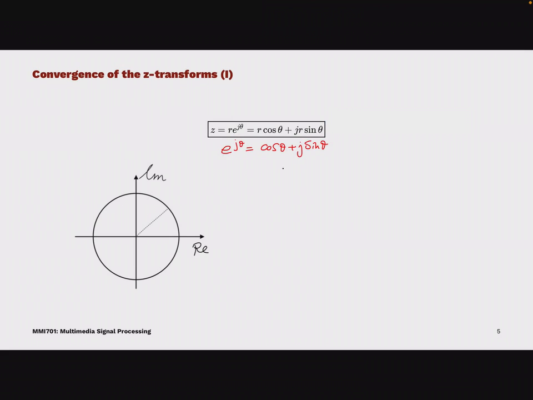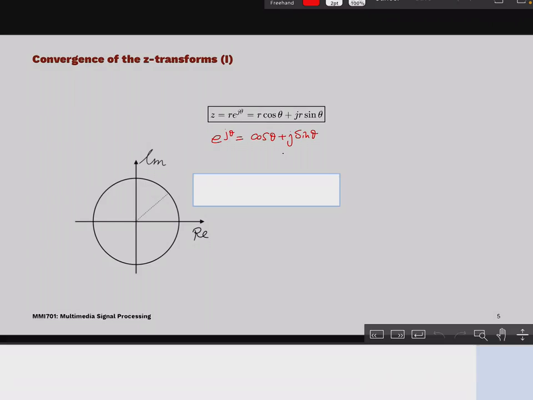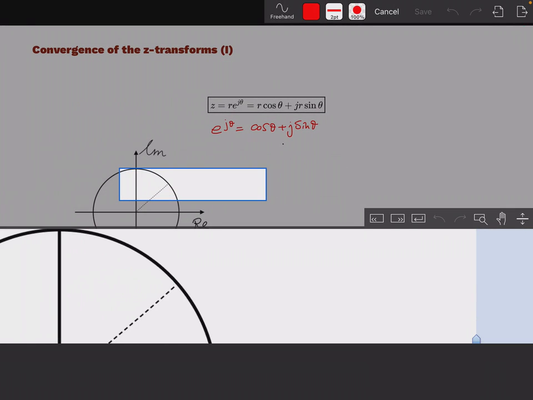Now, if you want to draw it in polar form, then we can just put a little square here just to represent this number.